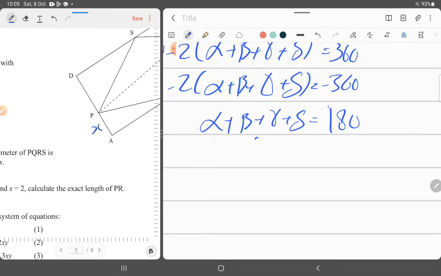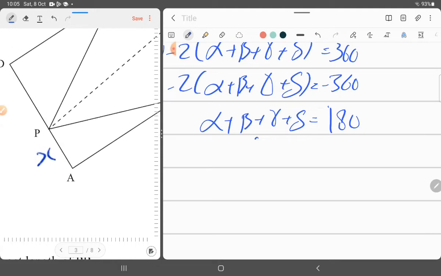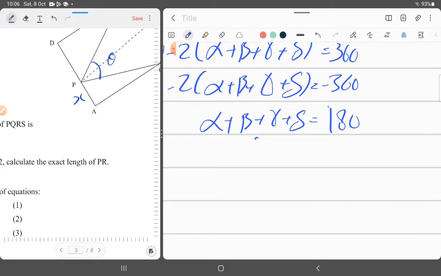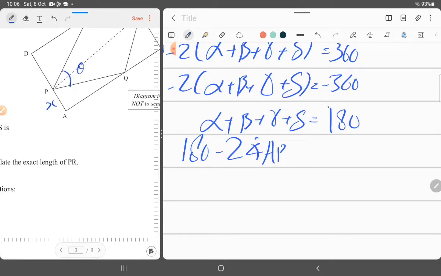AP is equal to X and APQ is equal to theta. This is theta. So 180... AP, APQ is equal to theta.